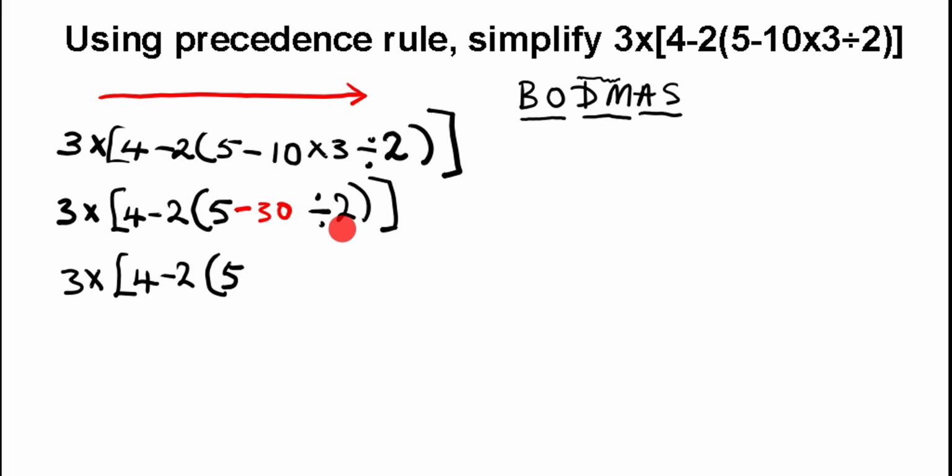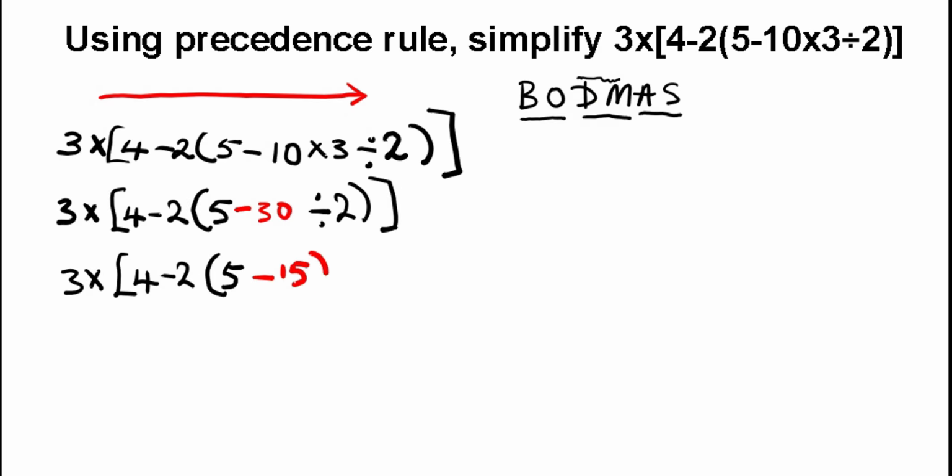Now you can work on division because there's no longer multiplication. You can now work on division following the BODMAS rule. So it's now going to be negative 30 divided by 2. You're going to have negative 15.